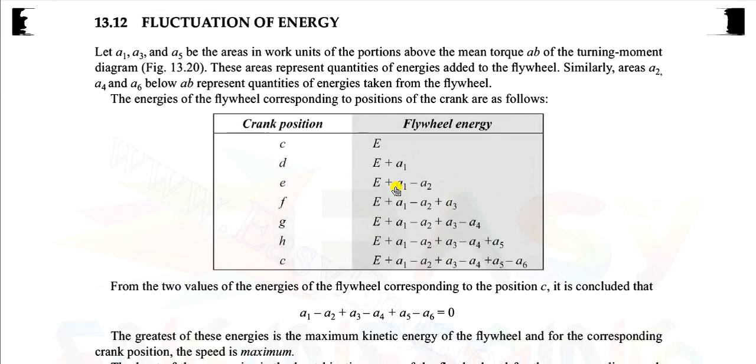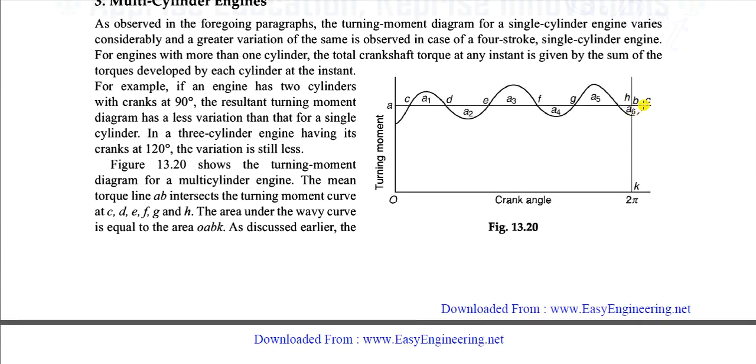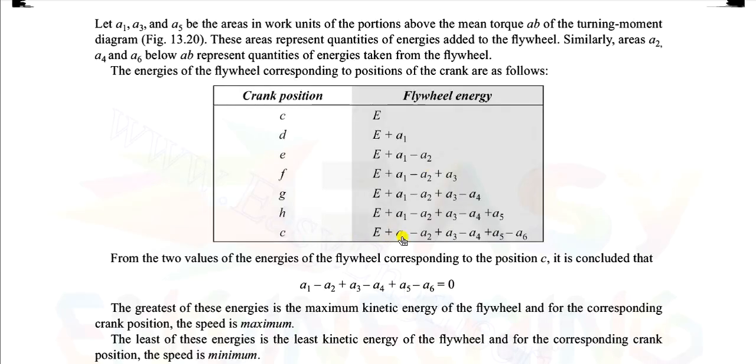This has been explained here at E position, F position, and similarly at all positions. So again at C position, which is here, it will be E plus A1 minus A2 plus A3 minus A4 plus A5 minus A6. We started from C and we are ending at C. Energy at the same position cannot be different, so it will be equal.